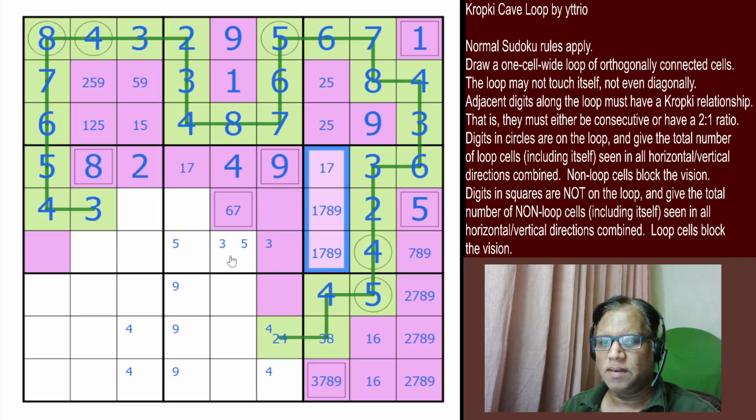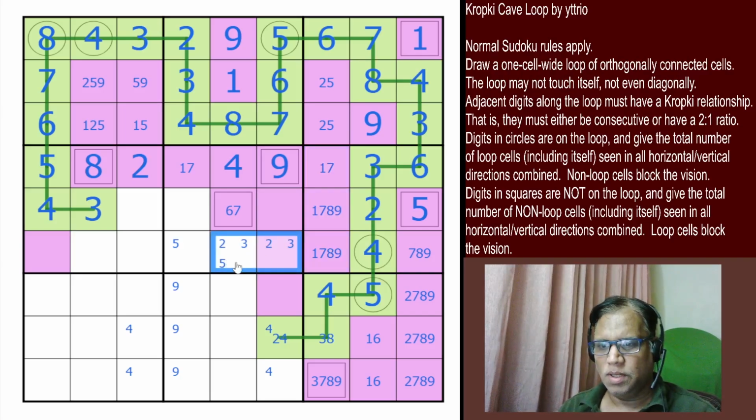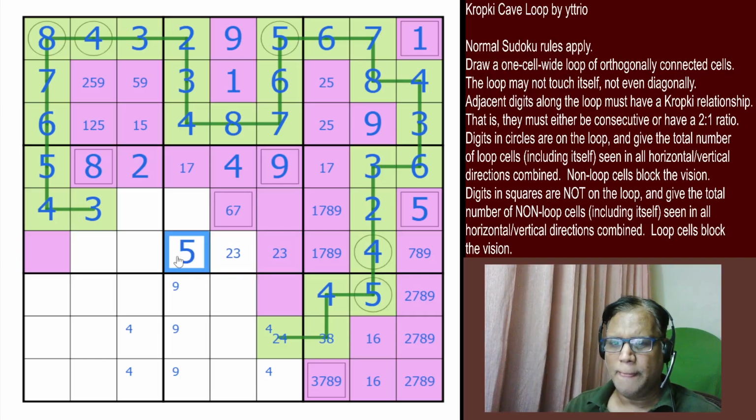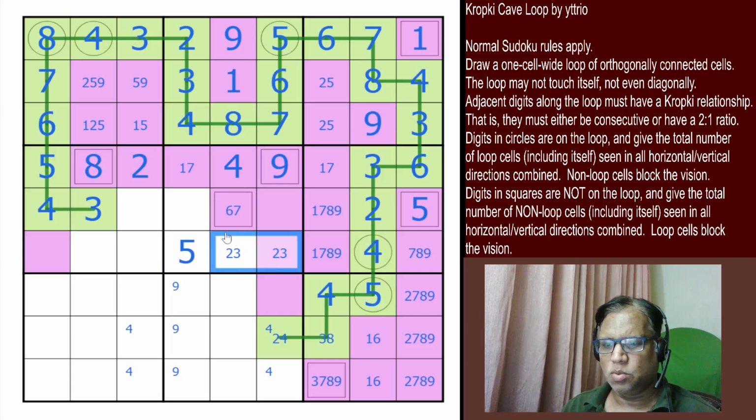2 is here, right? If 2 is here and 3 is here, that's 2, 3 pair, right? And that means that has to be 5. That's 2, 3 pair, that's 1, 7.